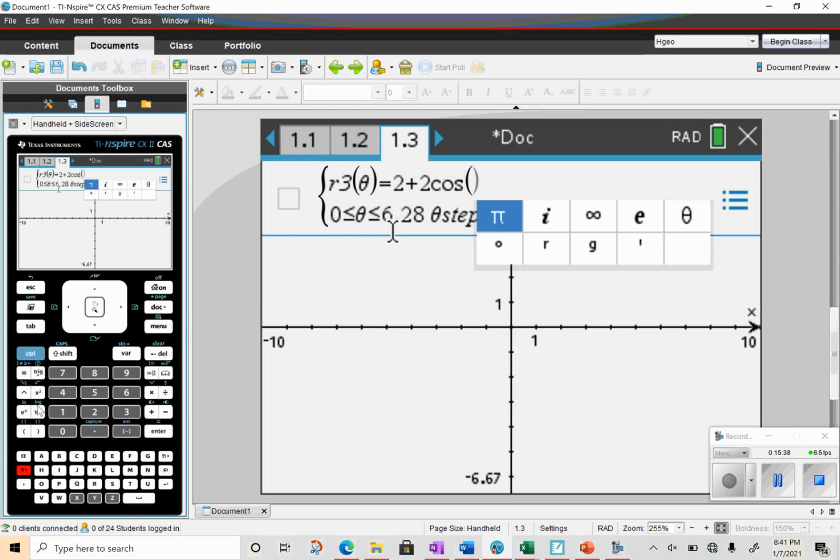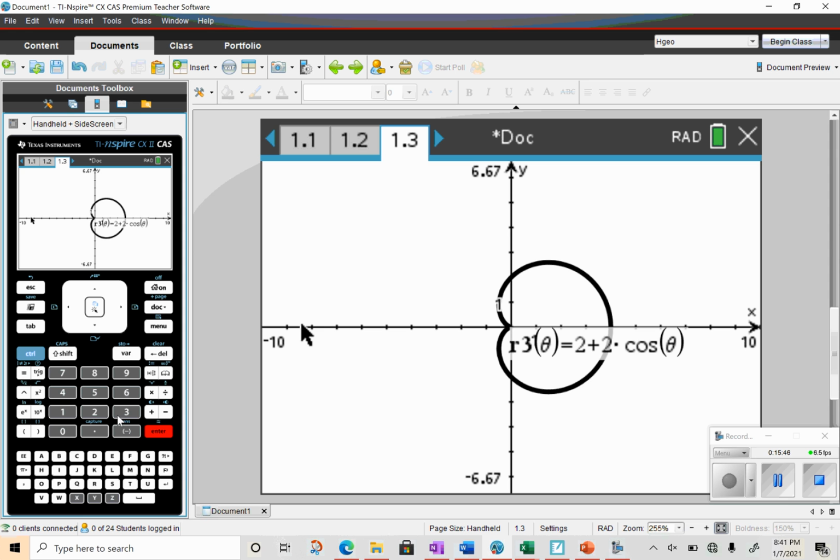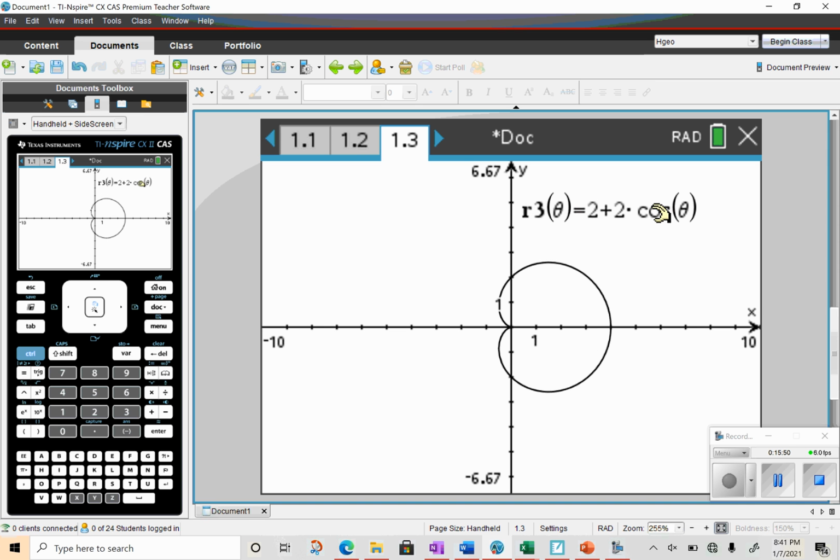Again, as you're watching this, pay attention to that red button over there. That tells you the last one I pushed. This graph is called a cardioid. Now, if you tilt your head severely to the left, it might remind you of a heart shape.